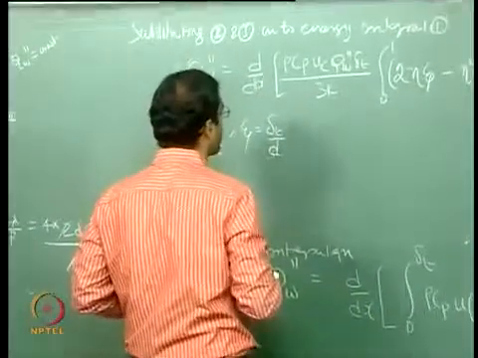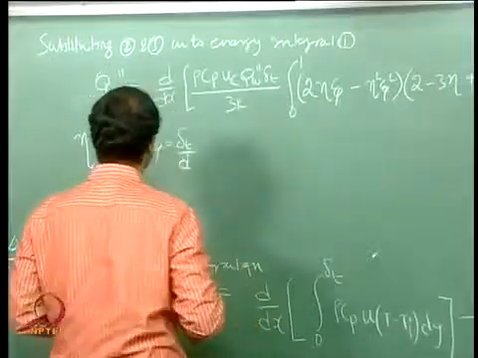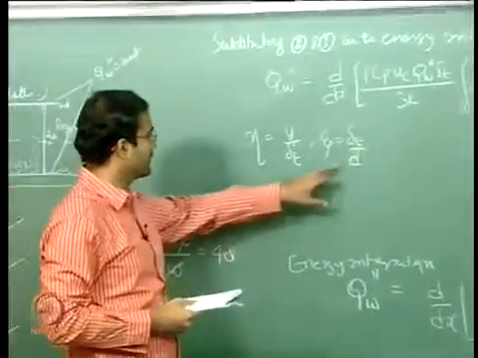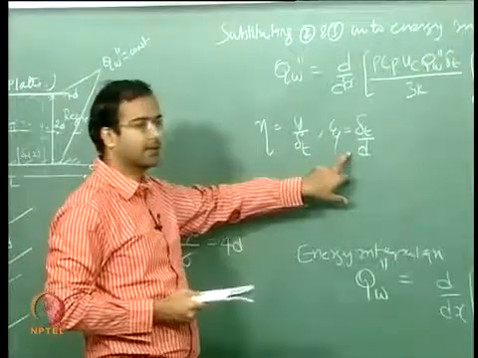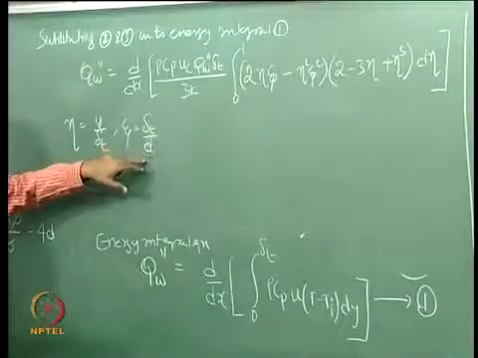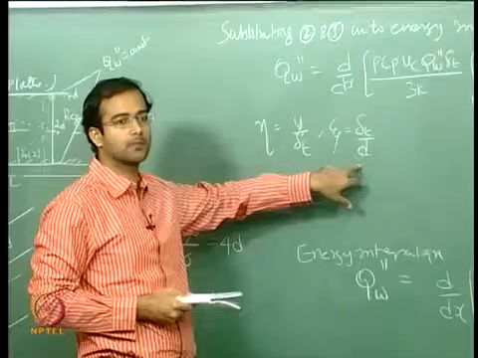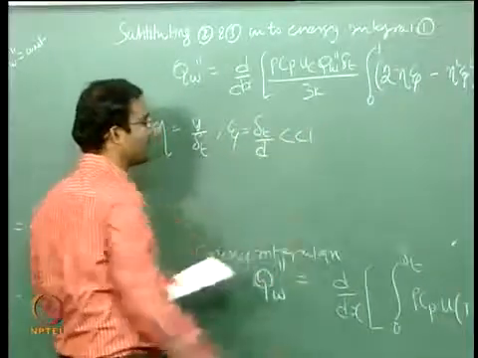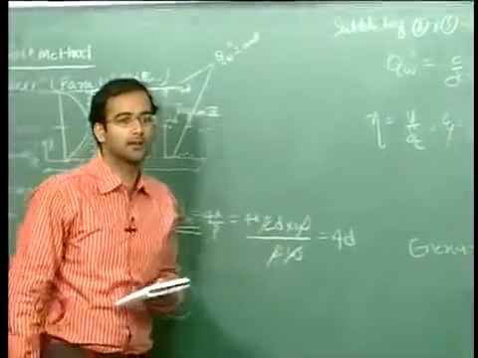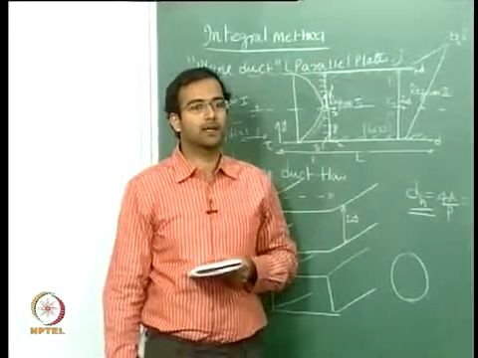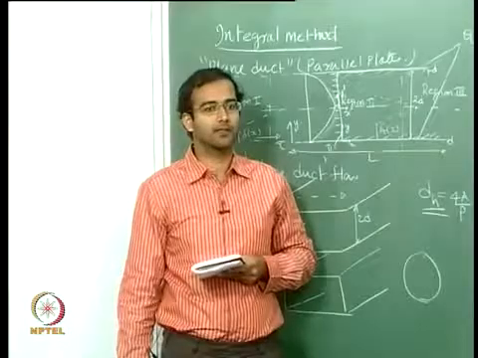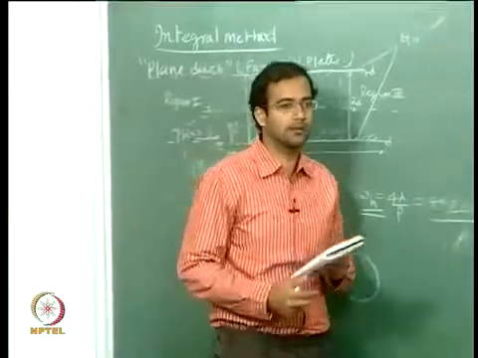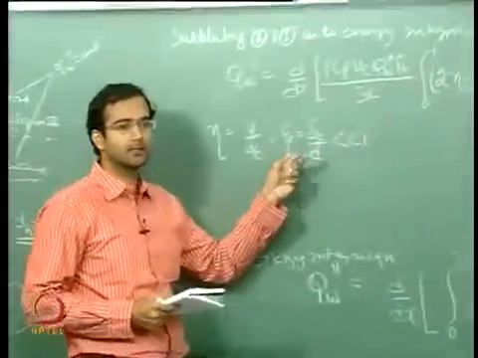You can see that for the boundary layer approximation to be valid, your delta T upon delta, that is your zeta, should be small. Just like in your earlier case where your Prandtl number greater than 1, your delta T by delta was small. In this case, for the thermal boundary layer approximation to be valid, your zeta should be small.